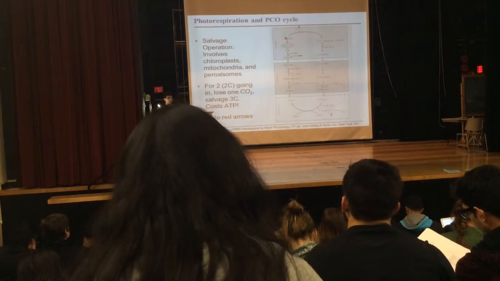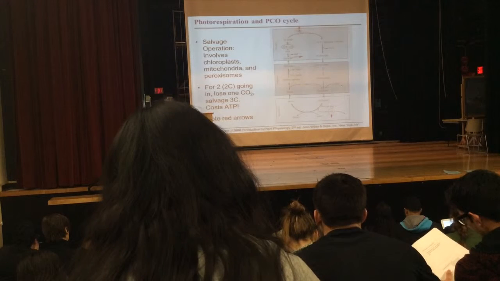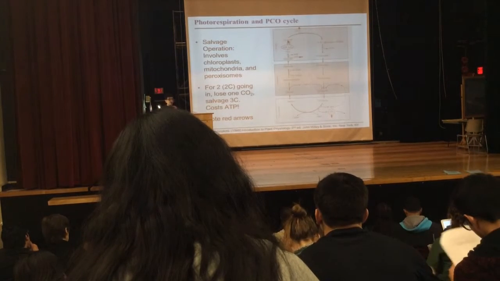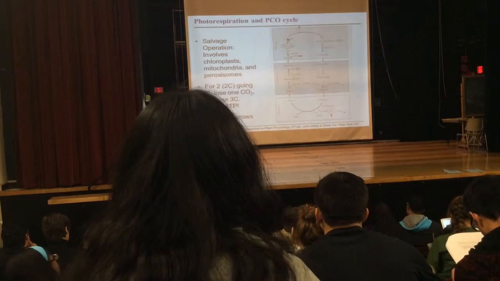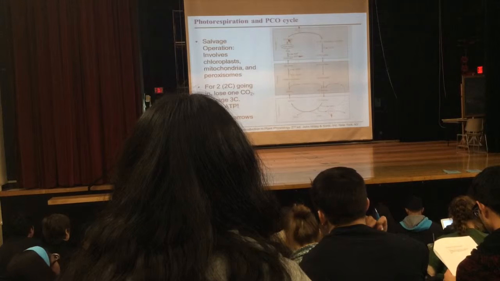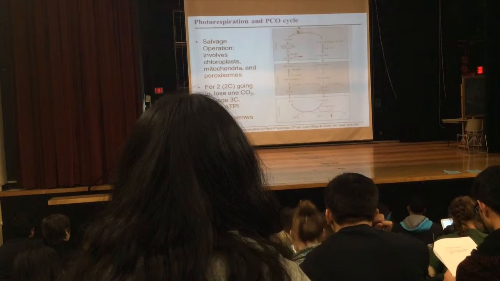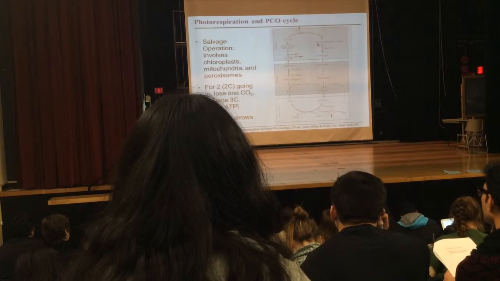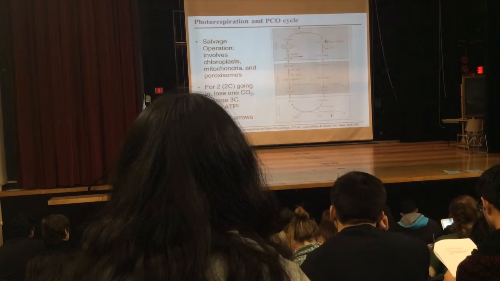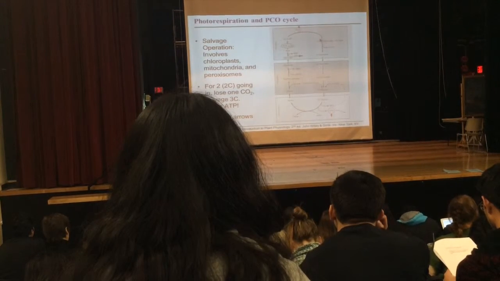And instead of reacting with carbon dioxide, it's reacting with oxygen, the oxygenation reaction. And to balance everything, we're multiplying everything by 2. So 2 RuBP compounds, 10 carbons total, 2 oxygen molecules. That gives you 2 phosphoglycolate. That's the 2-carbon compound. So that's 4 carbons.